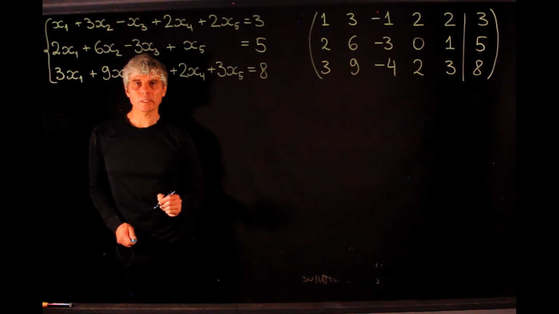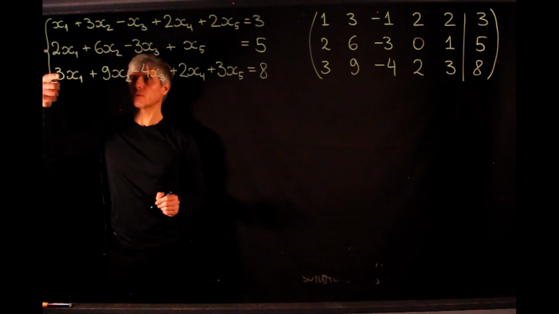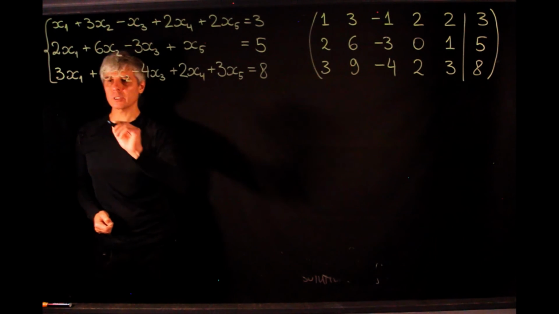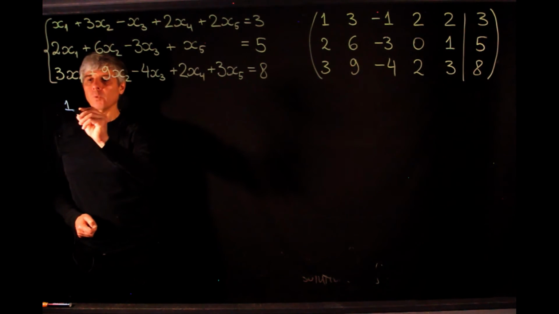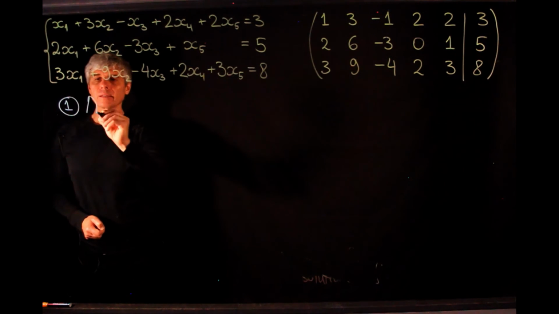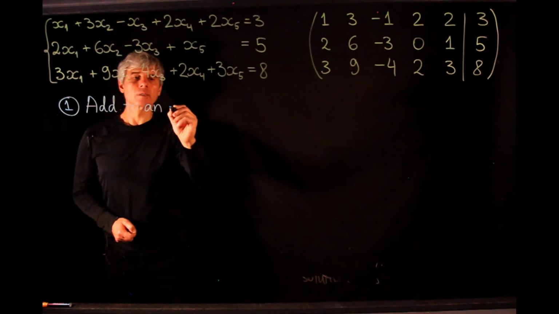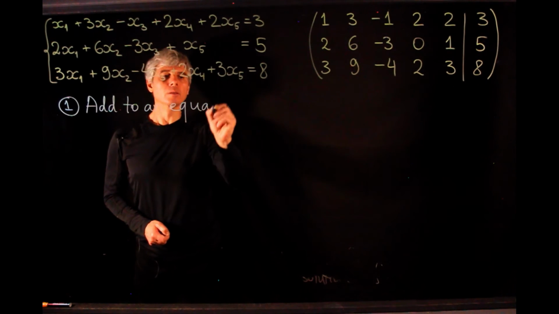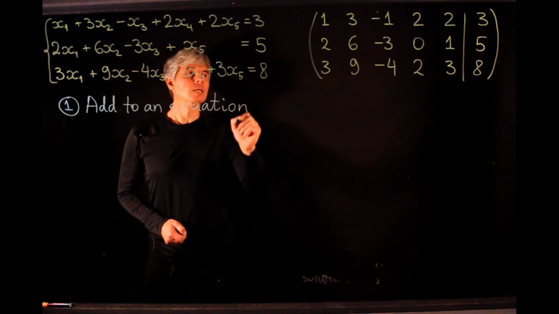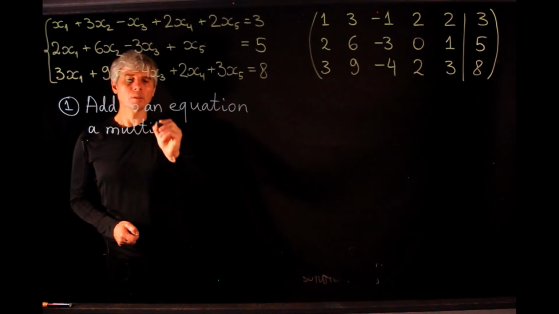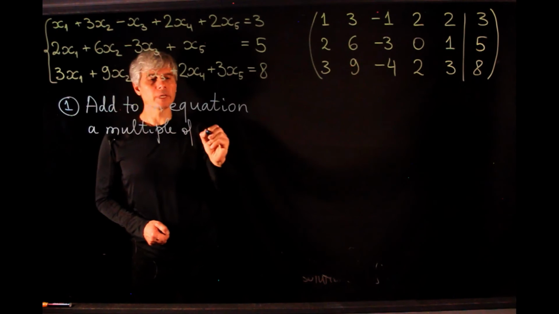Let us summarize. What kind of transformations do we need for equations so that we can simplify the system of linear equations? So we have one, add to an equation a multiple of another equation.